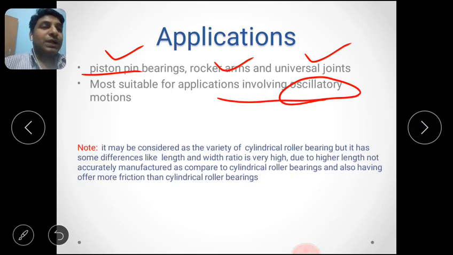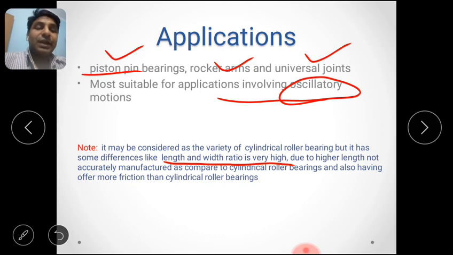One more thing I would like to mention here: what other characteristic differentiates needle bearing from cylindrical roller bearing. First, the length to width ratio is very high, and due to this it cannot be accurately manufactured as compared to the cylindrical roller bearing.